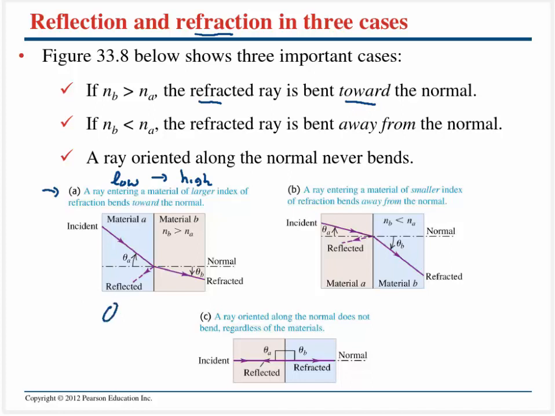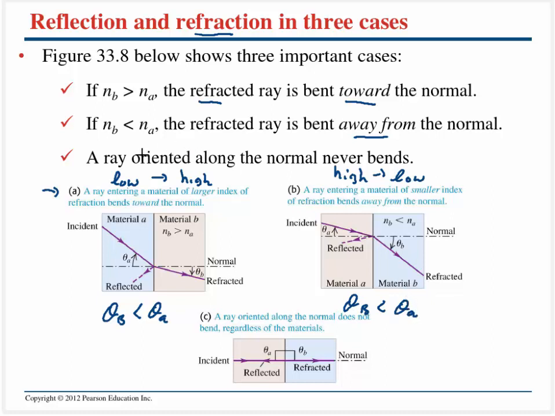So we could also say that theta B is going to be less than theta A. If we're going from a region of high index of refraction to a region of lower index of refraction, then the light's going to bend away from the normal, or perpendicular line.